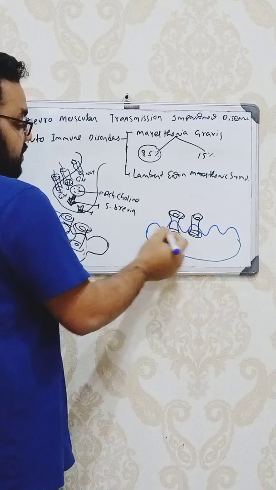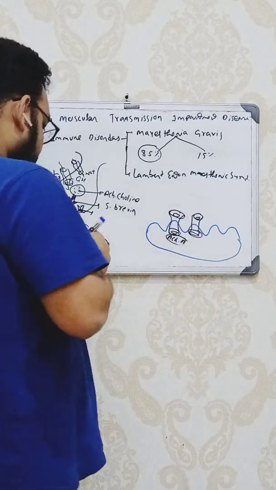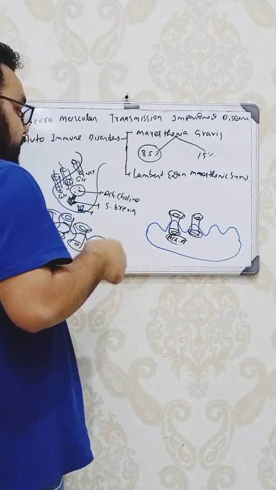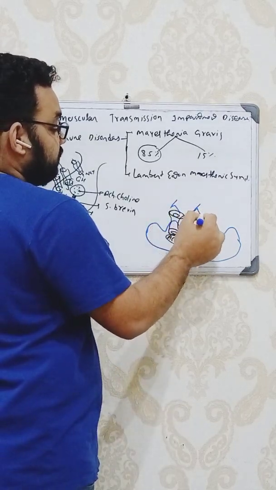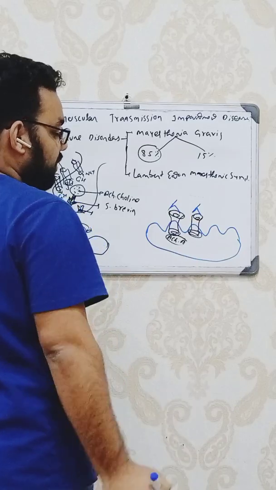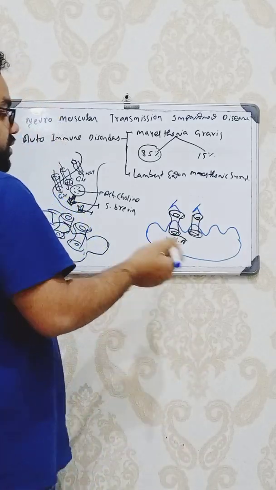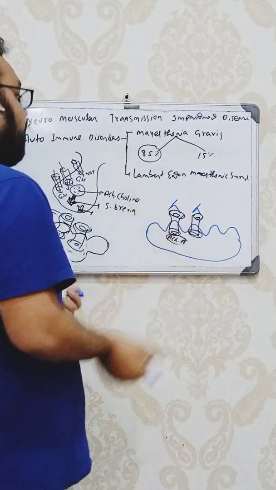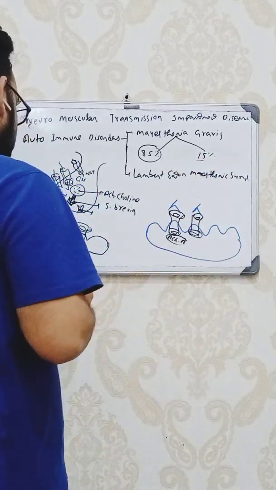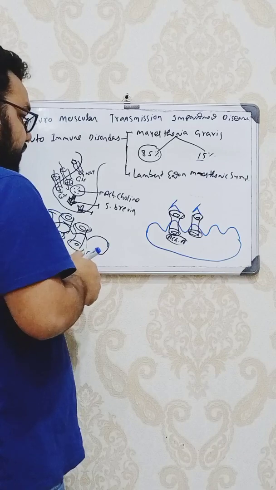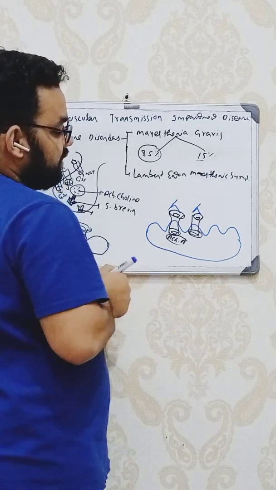There will be the formation of autoantibodies against them. Okay, autoantibodies. We will talk about these in detail a bit later. And the rest 15% of the people will have a problem with another thing.